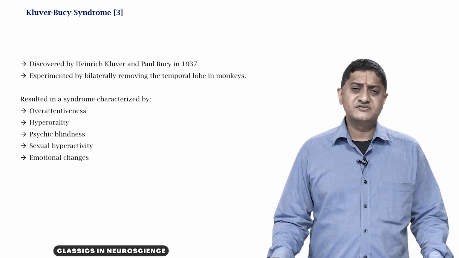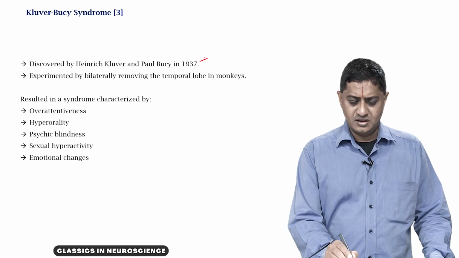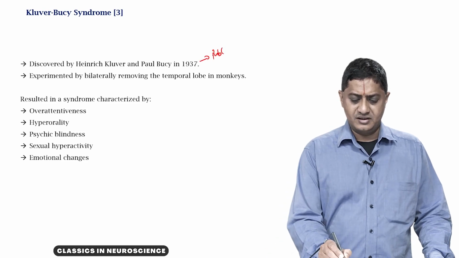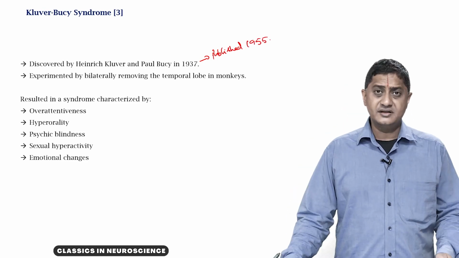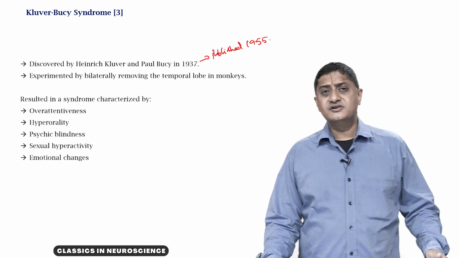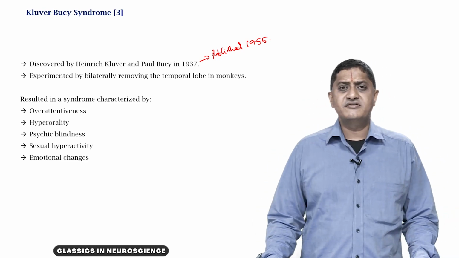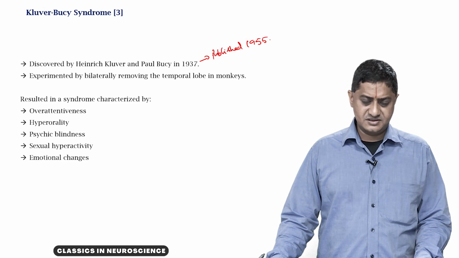The publication of this work was delayed due to the war, and finally the publication happened in 1955. They reported 5 crucial findings. First of these 5 main effects is over attentiveness.